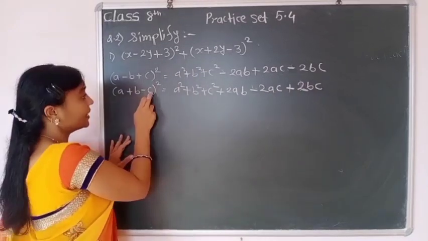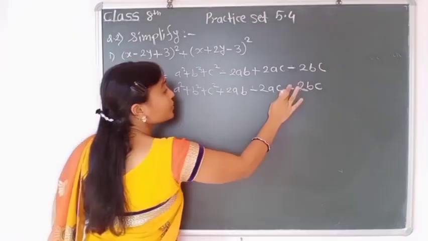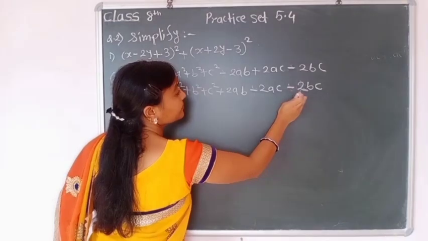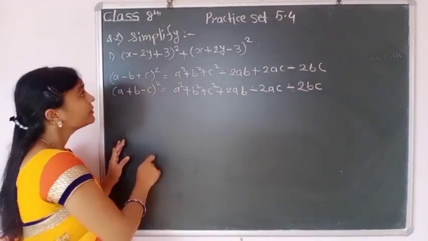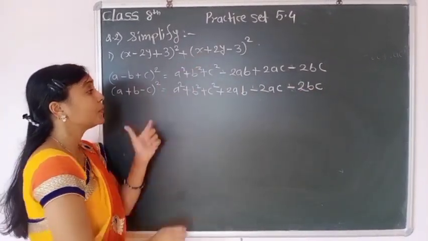Twice BC. Again here is the C negative, so put here minus sign. And then we add these two formulas.